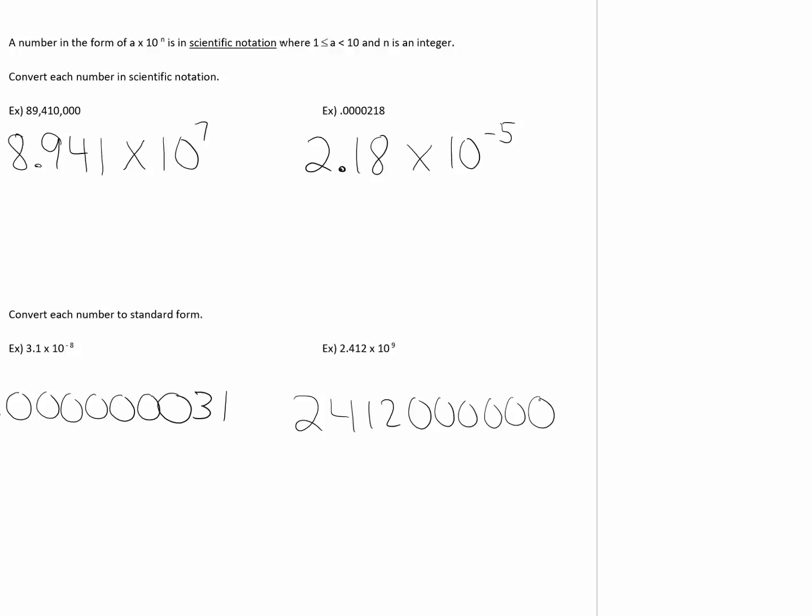And I'm going to double check to make sure. So the decimal started here. 1, 2, 3, 4, 5, 6, 7, 8, 9. The decimal would go here. So I'll put commas. So this number is 2,412,000,000.